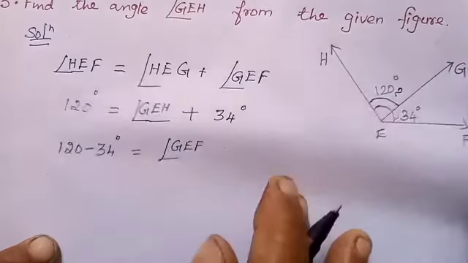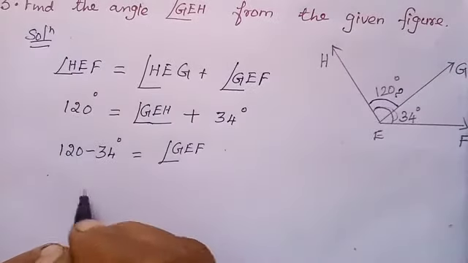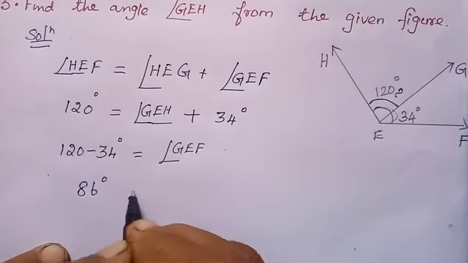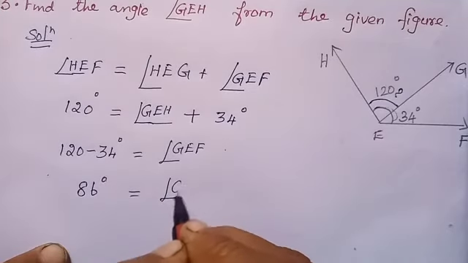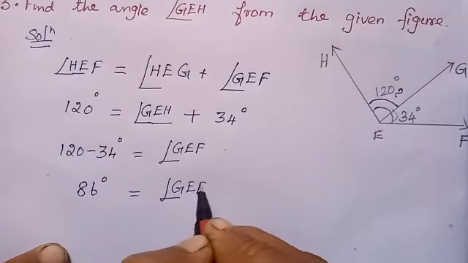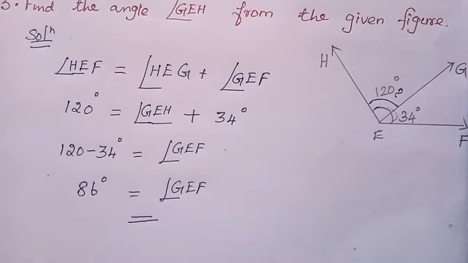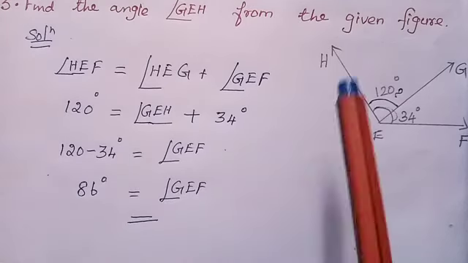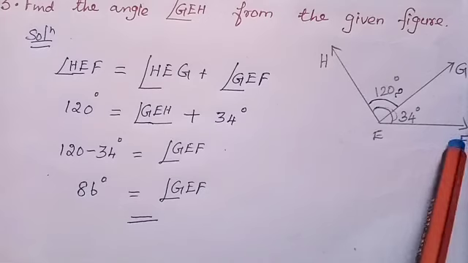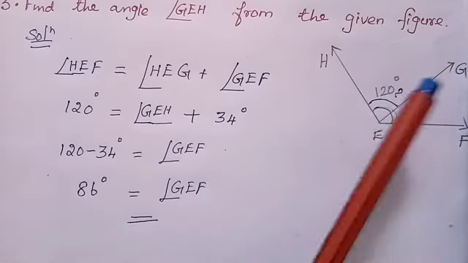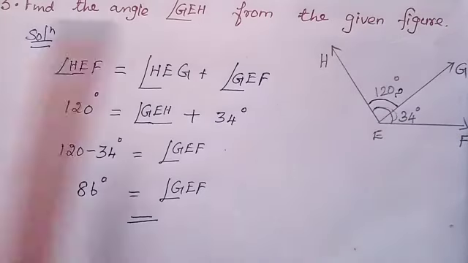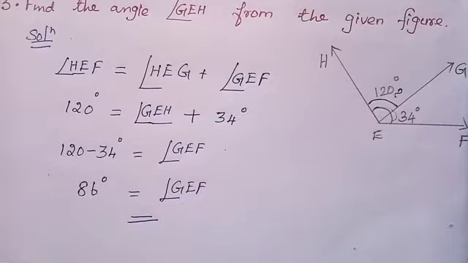When we subtract this, what do we get? 86 degree equal to angle GEH. In this problem, whole angle HEF is given. We have to subtract 34 from that. So we get the answer 86 degree.